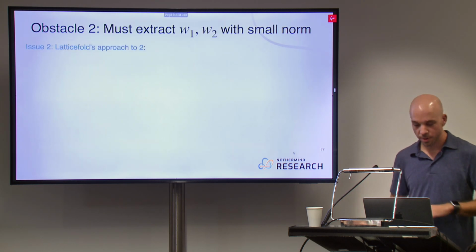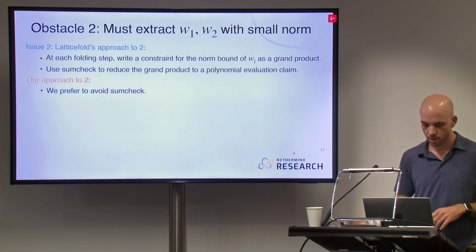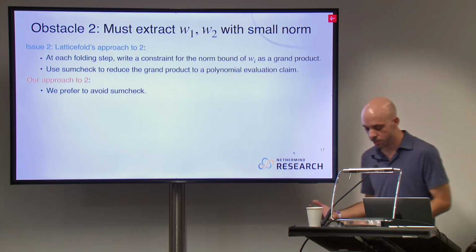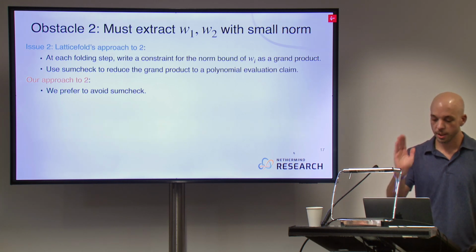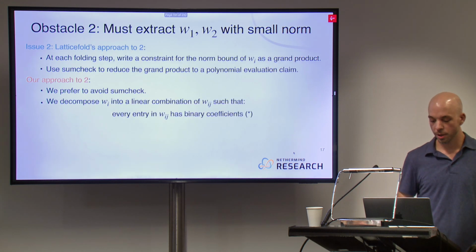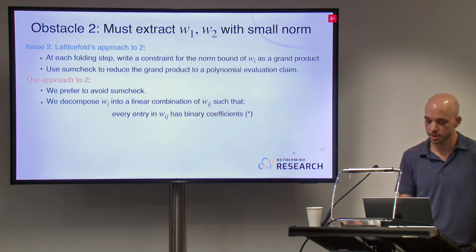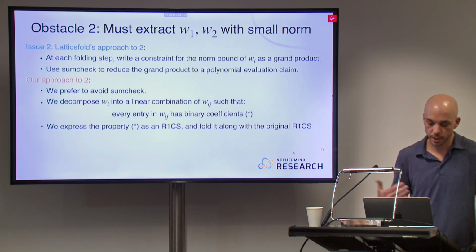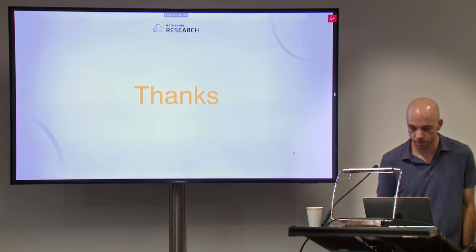And yeah, so obstacle 2, I will not explain it because of time constraints, but LatticeFold also approaches obstacle 2 with a sum check. We don't use sum check, we use some other tricks. So we end up with a scheme that doesn't have sum check and has a constant number of rounds. Thanks.